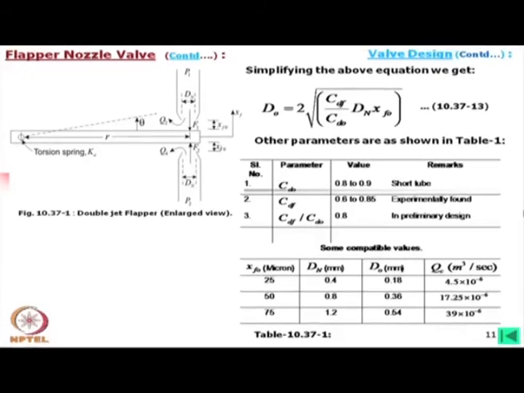Now, other parameters we find: you can see CD0, that is the coefficient of discharge at this orifice. You see this is in the range of 0.8, 0.9, where normally we find that 0.6 is a good value for the orifice.